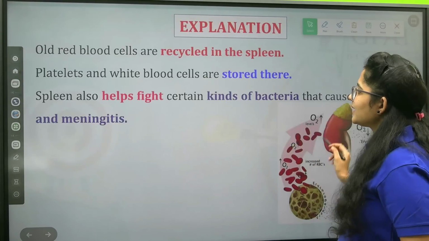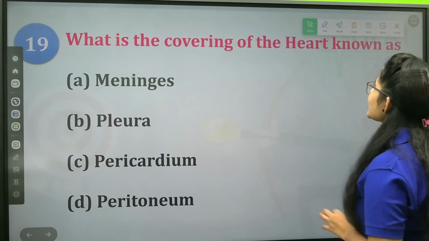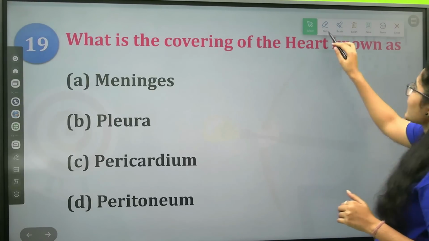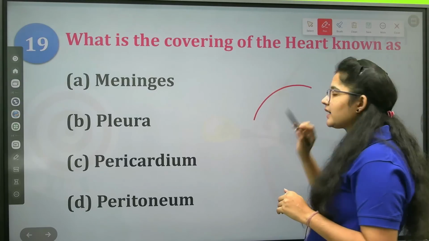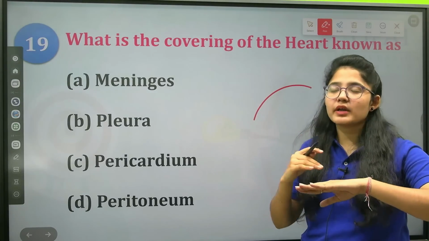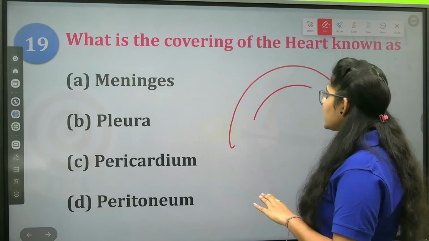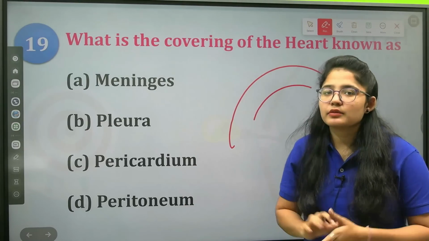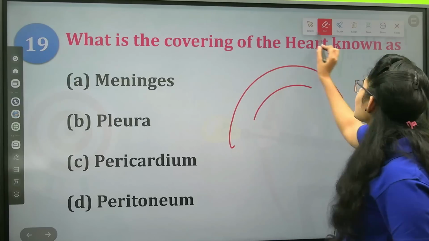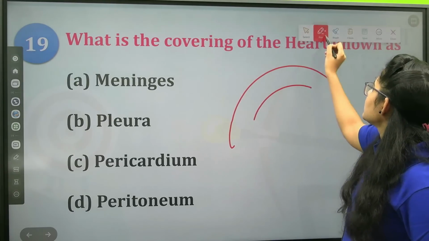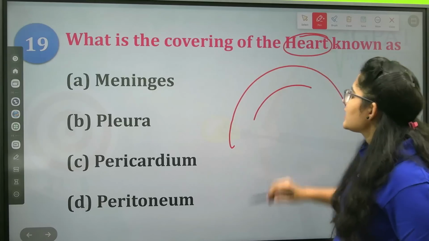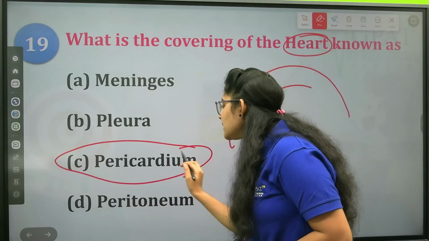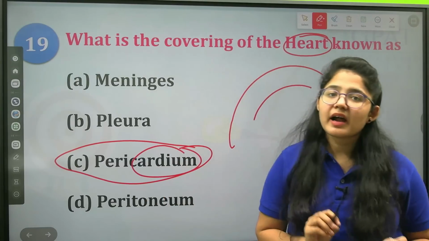Now the next question. What is the covering of the heart known as? There are two things. One is the lining, that is the inner lining of your organ. Another is the covering. That means the layer which covers your particular organ is known as covering. So the covering of the heart is your pericardium. This cardium means your heart.